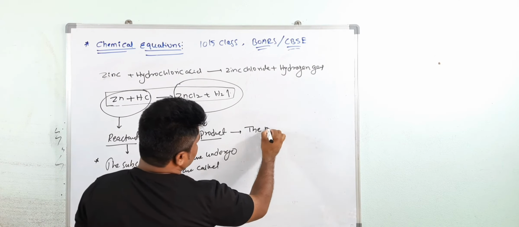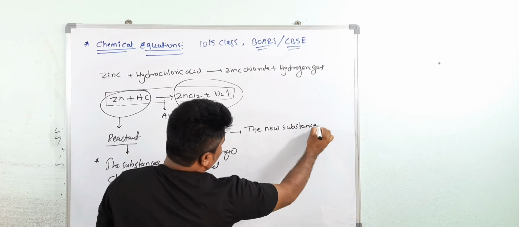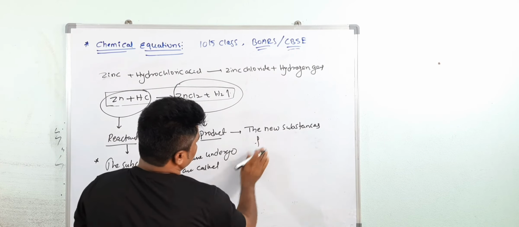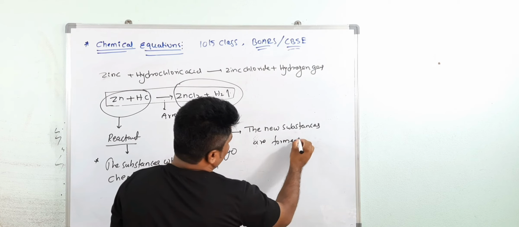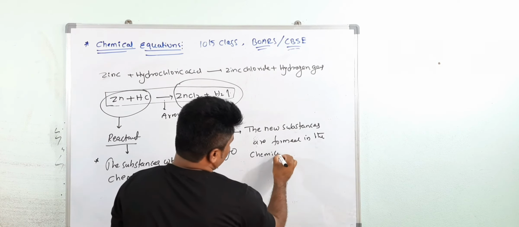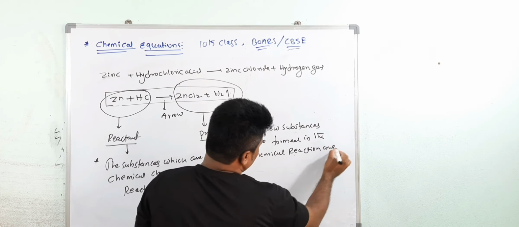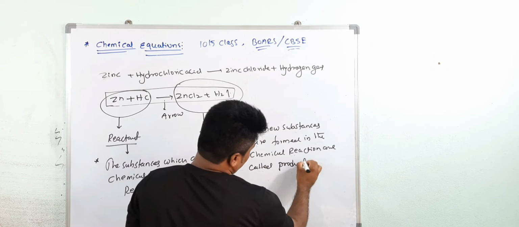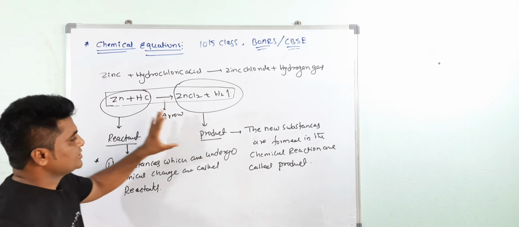The new substances which are formed in the chemical reaction are called products. Okay, so this is the chemical reaction, this is the reactant, this is the products.